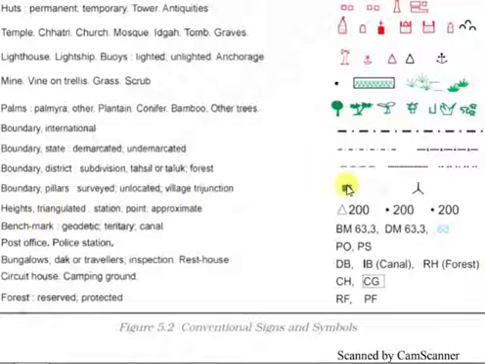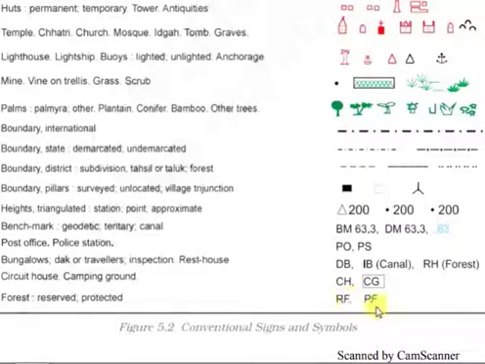These are the heights, these are the benchmarks. Post office, police station, dak bungalows, inspection, rest house, circuit house, camping ground, forest, reserved forest and protected forest.